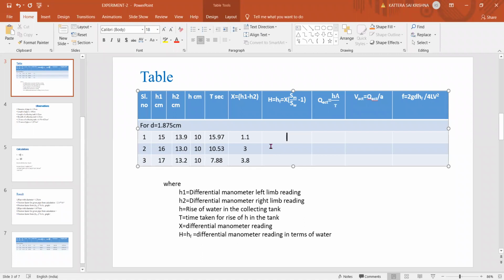Yes, tell the value, first one. HF equal to H. 13.86, sir. Good. Okay, 13.86. Okay, Nursing. Next, I'll ask the next value. Next one.